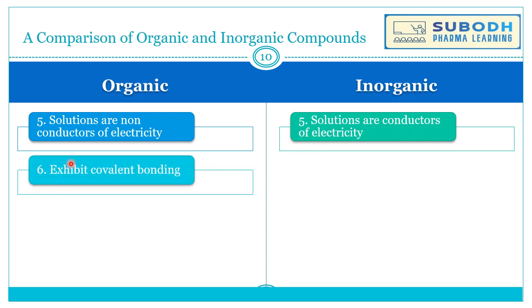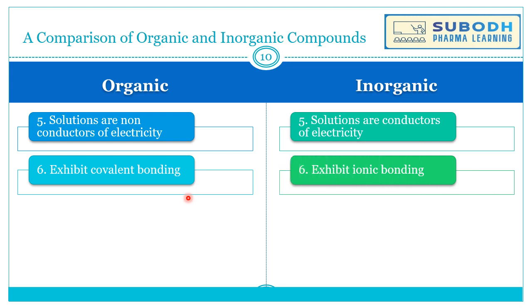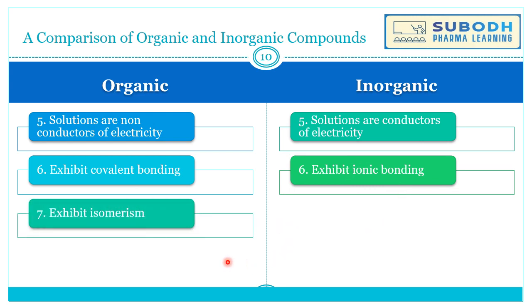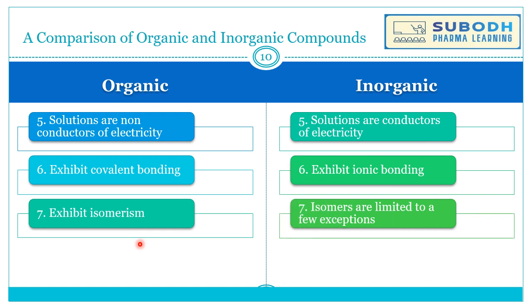The organic compounds exhibit covalent bonding and inorganic compounds exhibit ionic bonding. The organic compounds exhibit isomerism and in inorganic compounds the isomers are limited to a few exceptions.